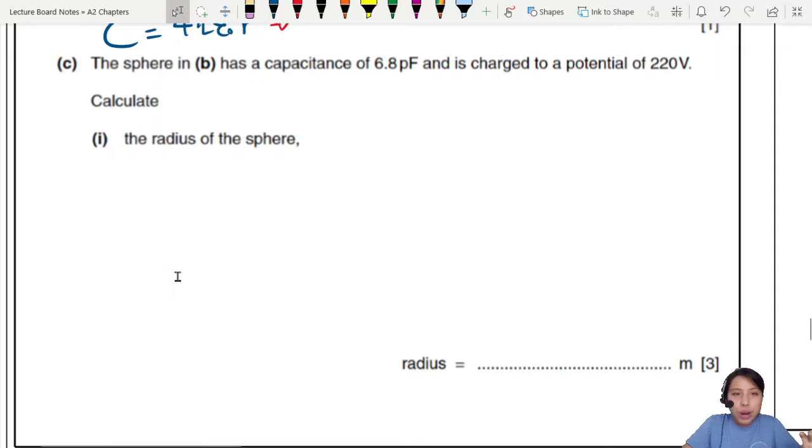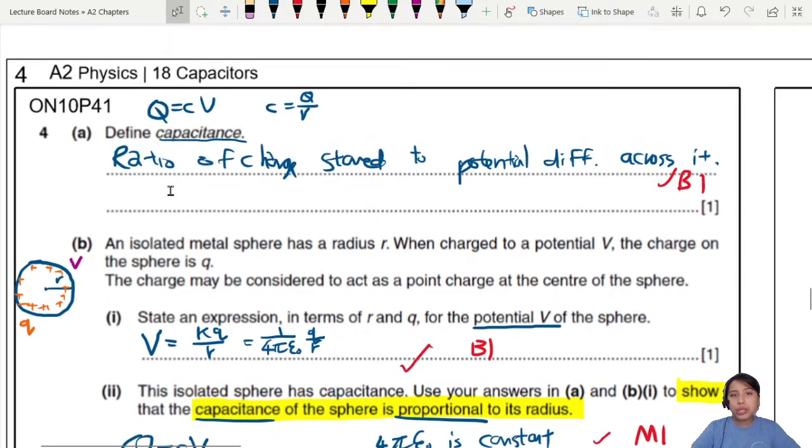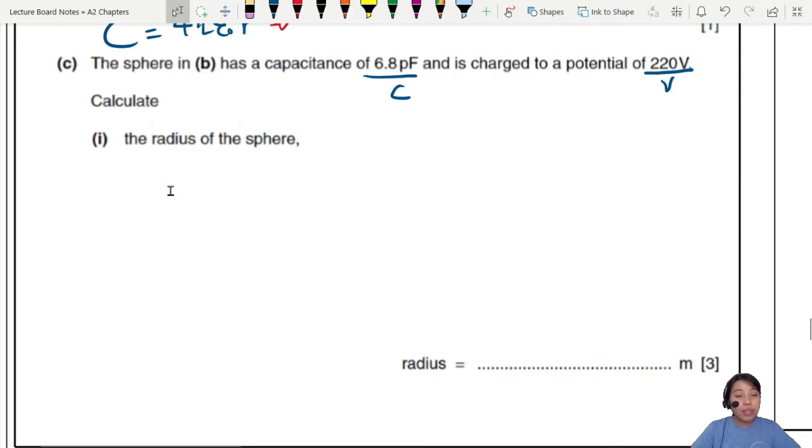Okay. Now, we have to find the radius of the sphere. The sphere has a capacitance C charged to a potential V. How to find it? Q equals CV? But we don't know the Q yet. We don't have information of how much Q is stored, so we can't use Q equals CV.